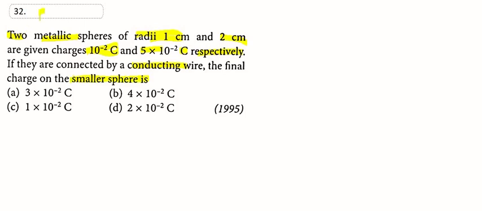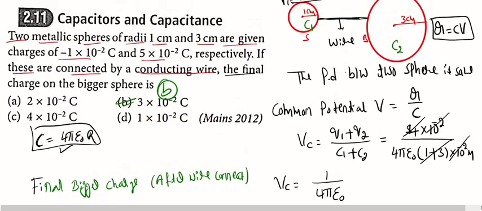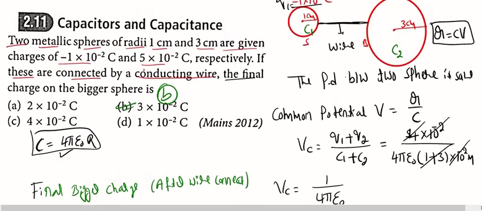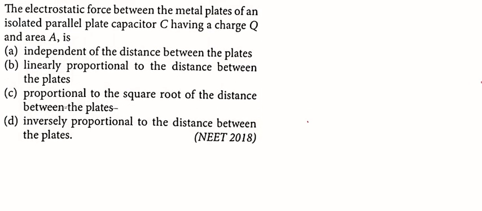This is the same problem as 31; I solved problem 31 earlier. Problem 32 is the same, so you have to do it as homework. Let's move to the next problem, problem 33.